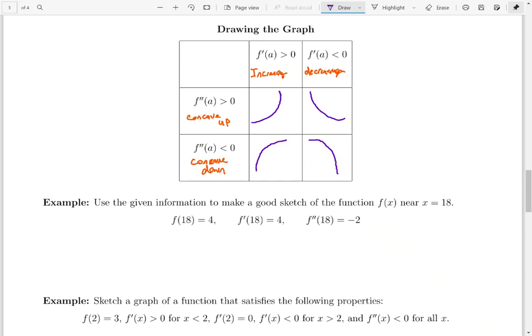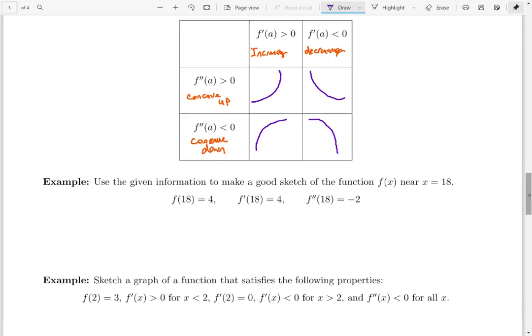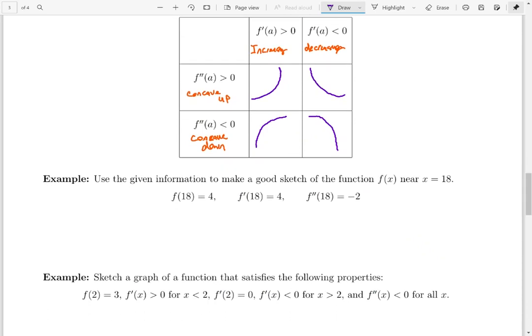Now we're going to use these pieces of information to actually sketch a small portion of a graph. First, notice that we have f of 18 is equal to 4. What is this actually telling us? This is going to tell us the location. Specifically, we have the ordered pair (18, 4). So we know that (18, 4) is going to be a point on the graph. Then if f prime of 18 is 4, what does that really tell us?